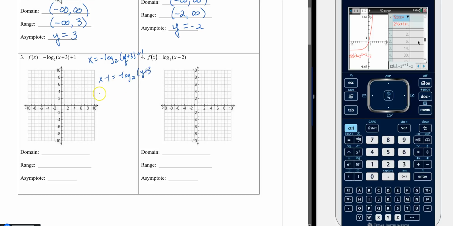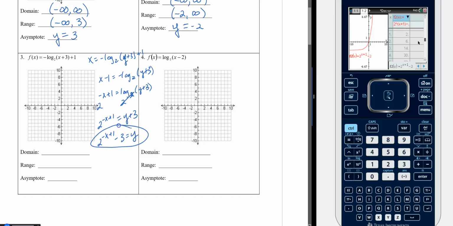Divide both sides by -1, so that's going to give me negative x plus 1 is equal to log 2 of y plus 3. I'm going to exponentiate each side to the second to cancel out these logs. So I get 2 to the negative x plus 1 equals y plus 3. Subtract the 3. So 2 to the negative x plus 1 minus 3 is equal to y.